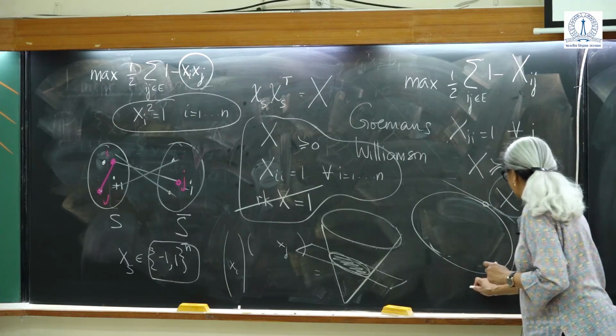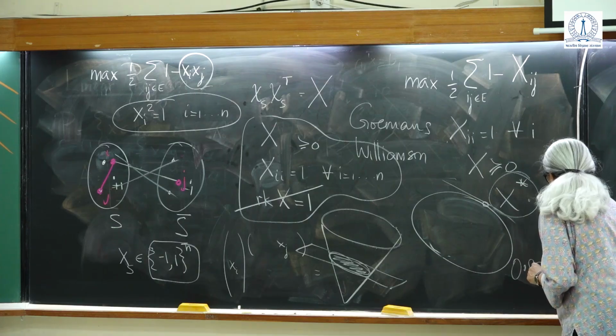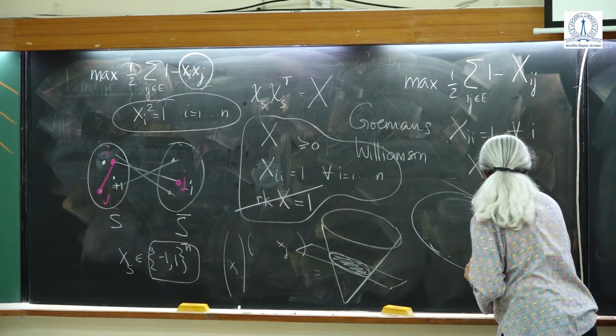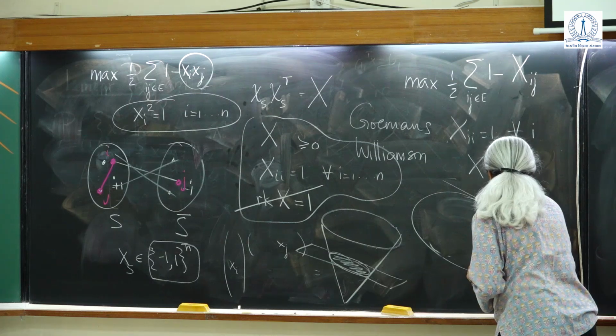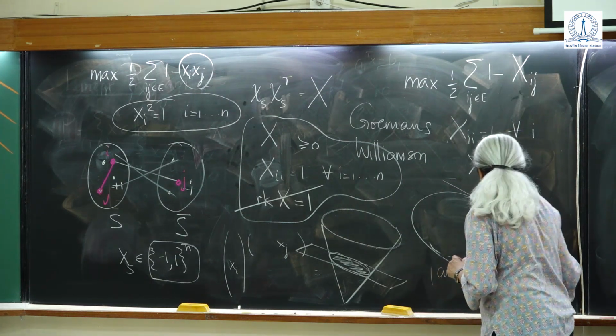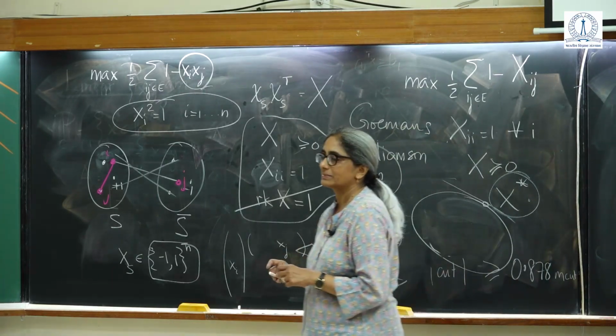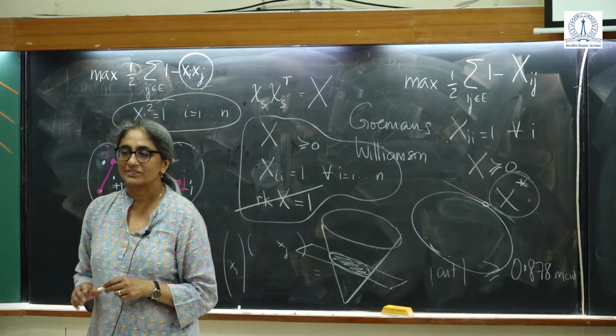So the size of the cut that you get from this algorithm is at least 0.878 times the max cut. It's a very, very good result.